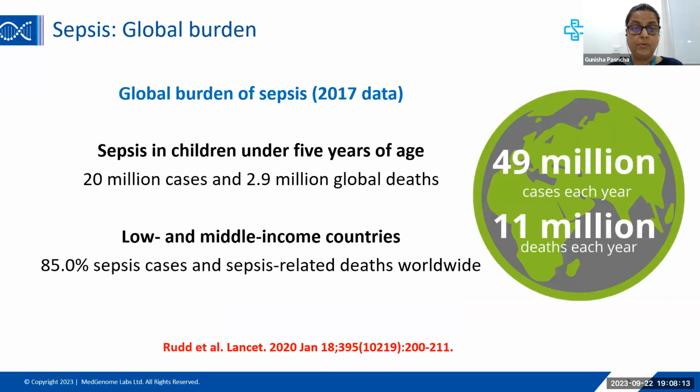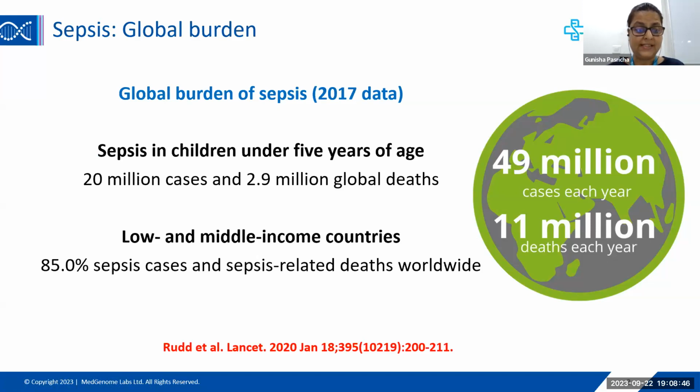Now, when it comes to global burden, the 2017 data, published in Lancet in 2020, says that there are 49 million cases each year and 11 million deaths, which is pretty high. In children, it is 20 million cases and 2.9 of the 11 million deaths. So this is a great concern all across the globe.